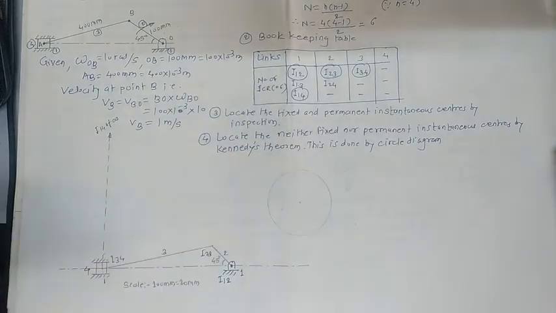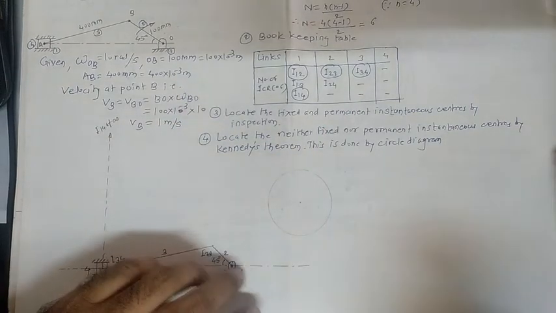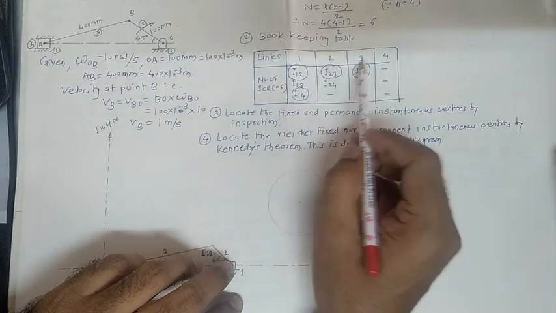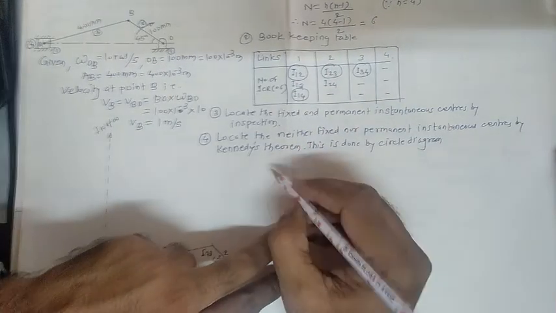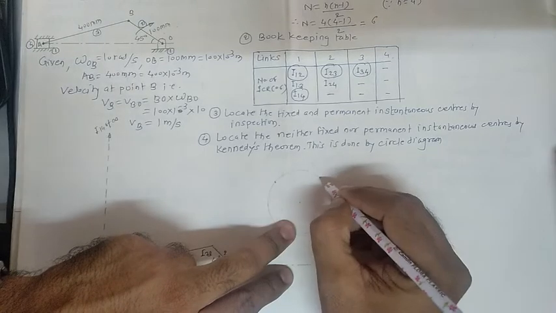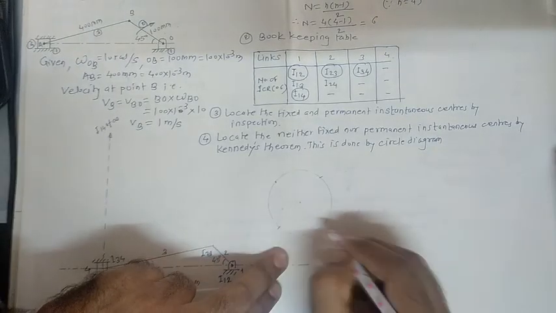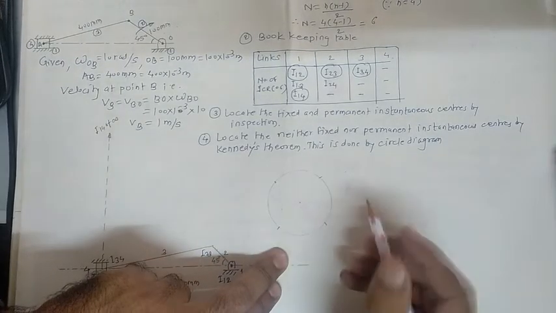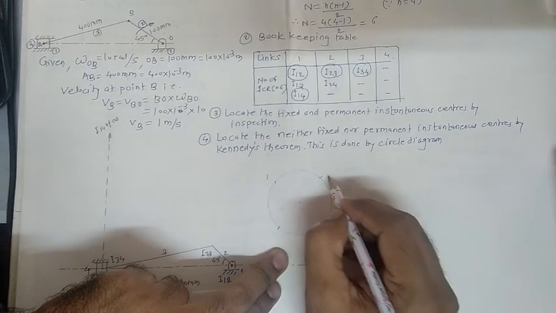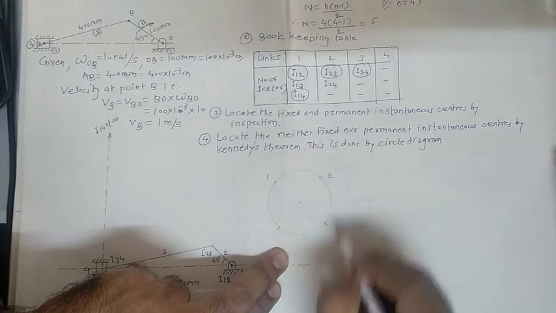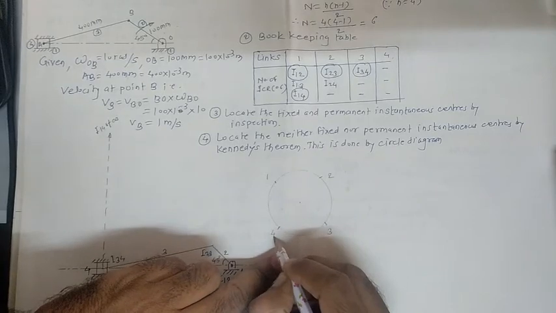Once this circle is completed, how many links do we have? 1 2 3 4. So mark the 4 points at equidistance on the circle like this. Give the numbers: link number 1 is here, number 2 is here, number 3 is here, number 4 is here.